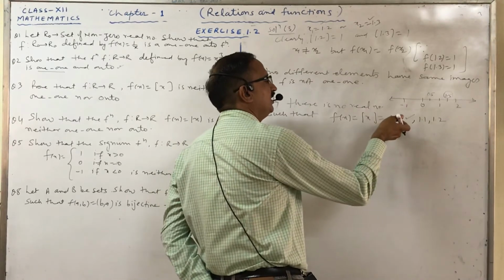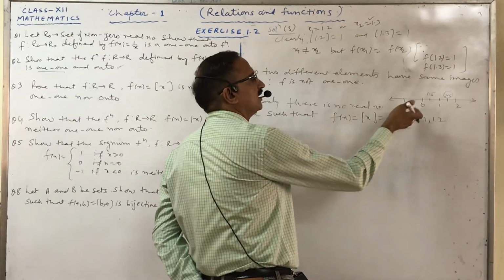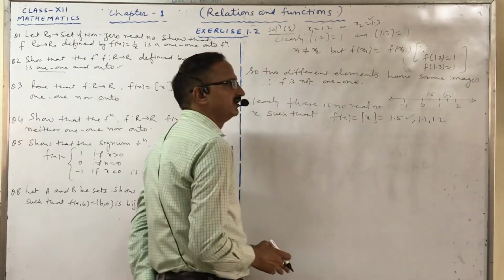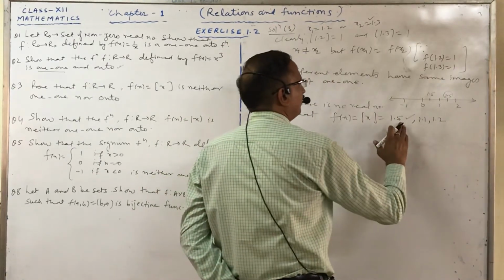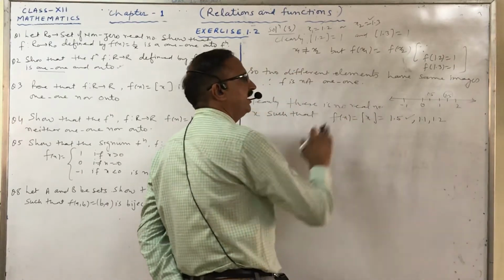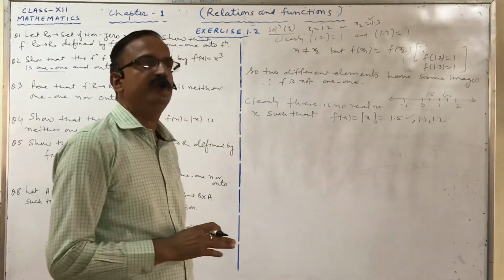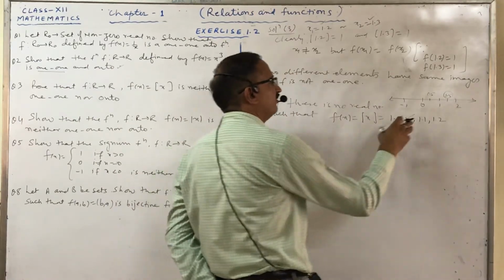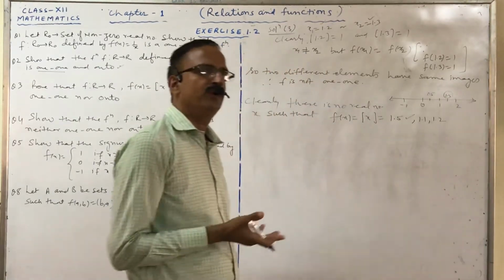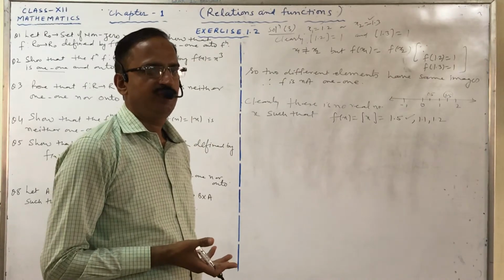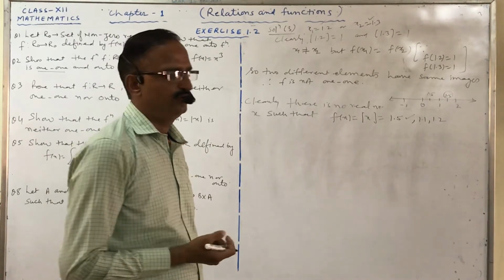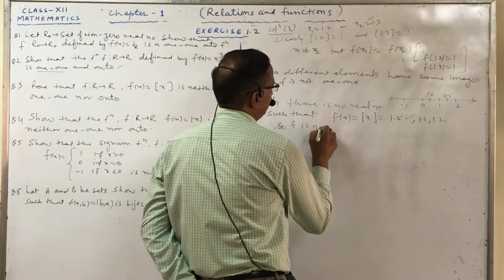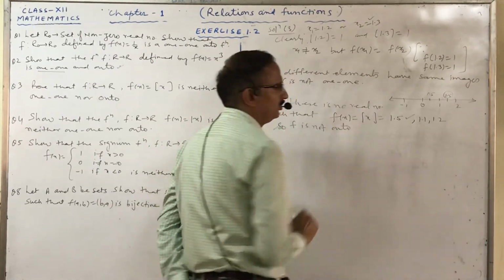These are numbers on this number line, and for these numbers we don't have any pre-image. So we don't have any pre-image for 1.5, for 1.1, for 1.2. It means f is not onto.